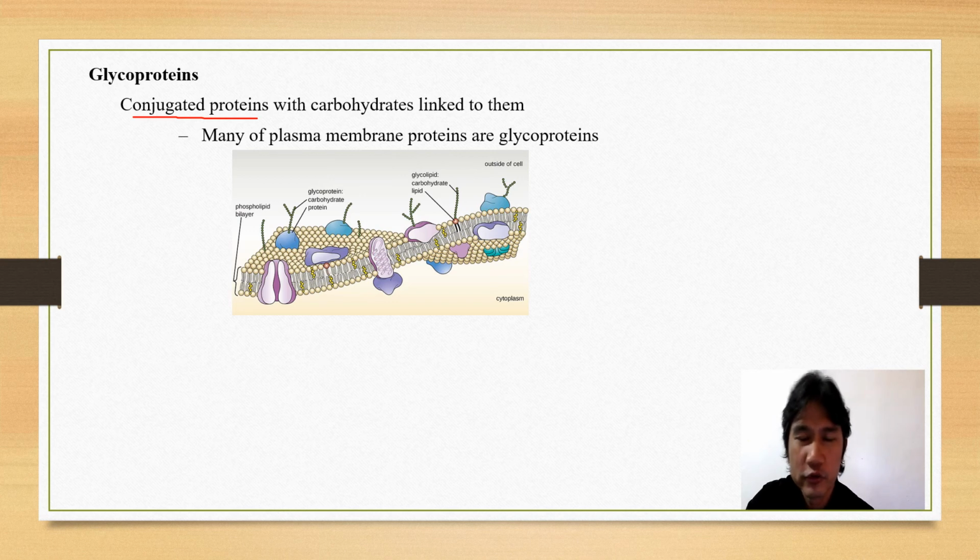Prosthetic groups are non-amino acid components. In glycoproteins, the non-amino acid is carbohydrate. Many of the plasma membrane proteins are glycoproteins. You can find these glycoproteins on the surface of the plasma membrane.